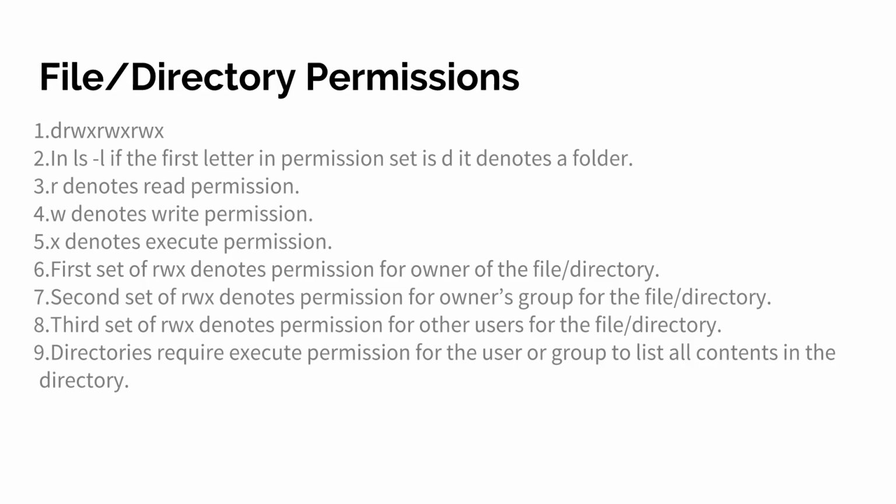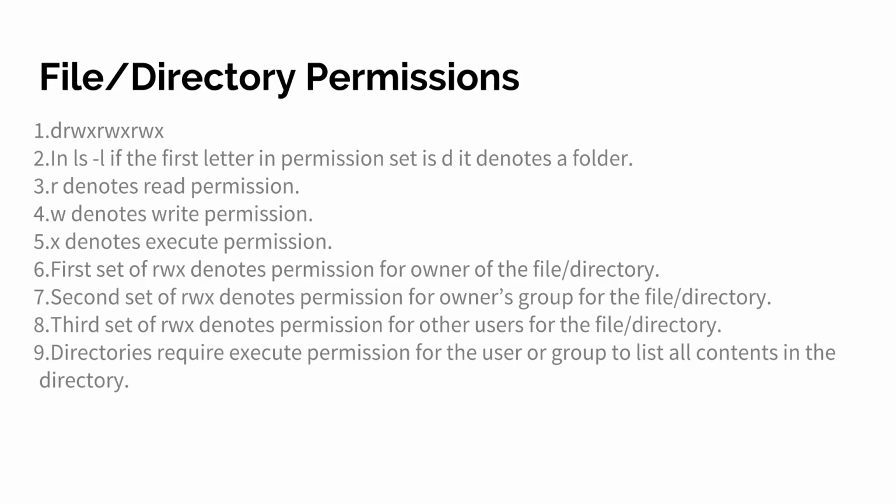The first set denotes the owner of the file or directory, the person who created it, who is by default the owner. What permissions do they have? Sometimes even the owners don't set execute permission for some folders or files, because they don't want to run that command or program even by mistake.